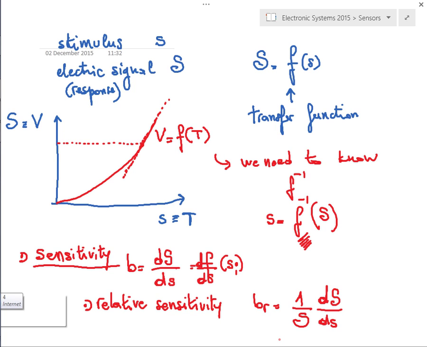What is important in any situation is that we need to have, let's say, an analytic expression or a good approximation of a formula which can give us the transfer function and the inverse transfer function. Because of course we need to make a relatively easy computation of the stimulus once we have the electric signal.